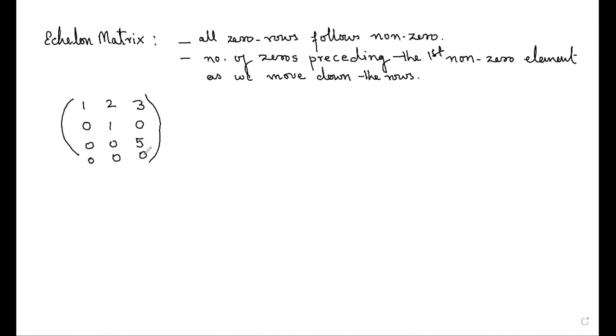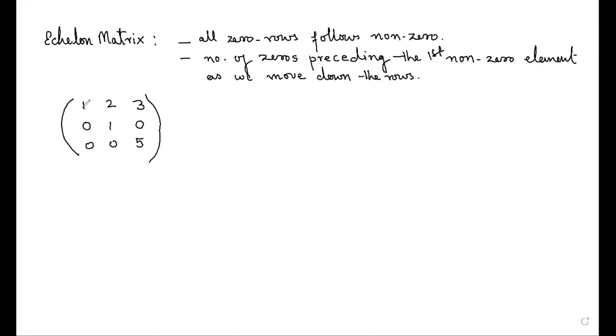But a matrix may not always have a 0 row. It is not mandatory that the matrix always has a 0 row. We can omit this part also. The main criterion is the second one, which says that the number of zeros preceding the first non-zero element in each row must increase or be non-decreasing as we move down the rows.